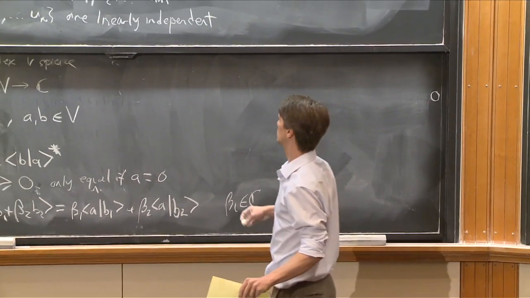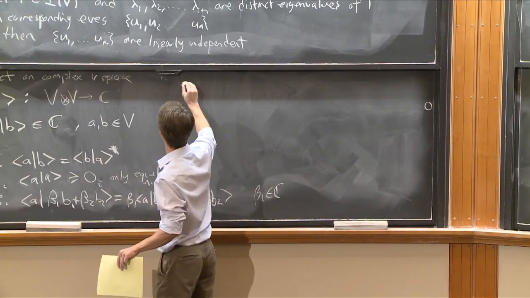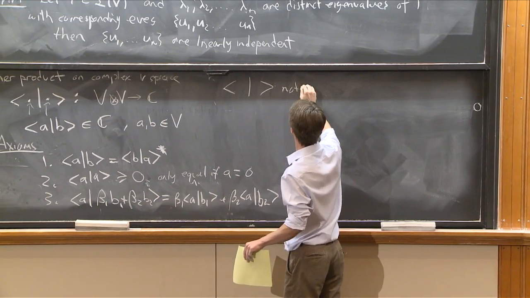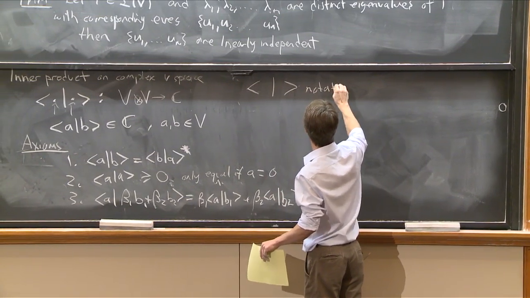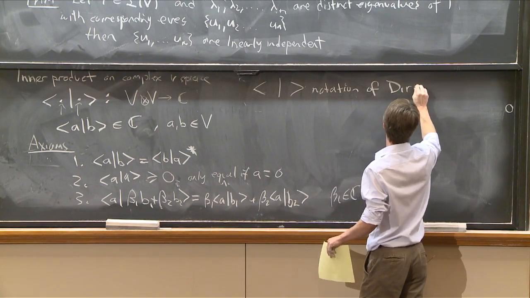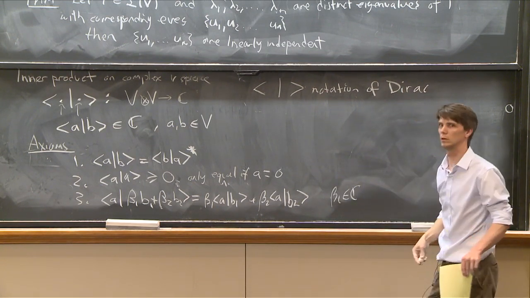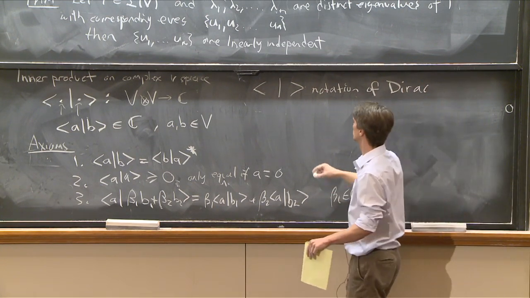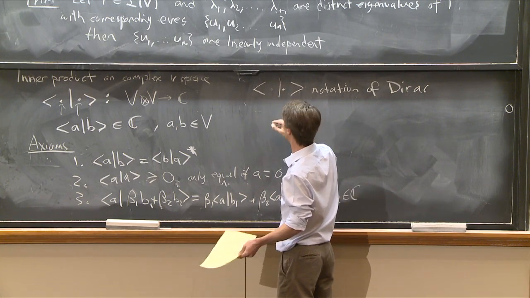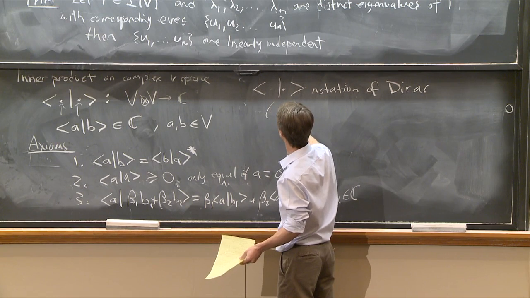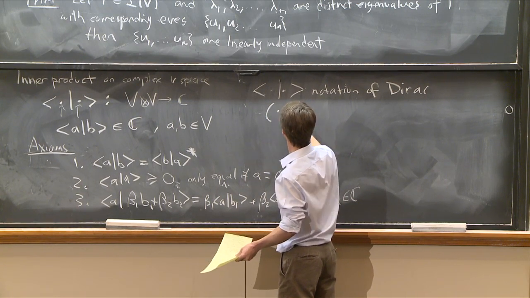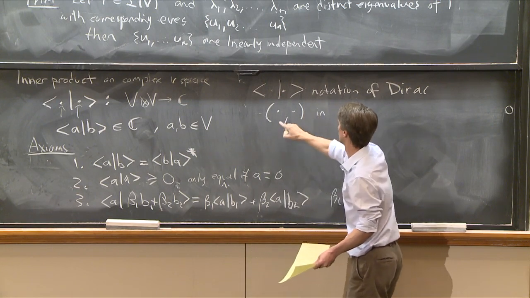Now I'll just make one remark. This notation here is due to Dirac. And so it's very prevalent in physics. You will see in most purely mathematical literature, you will see this written just like this.